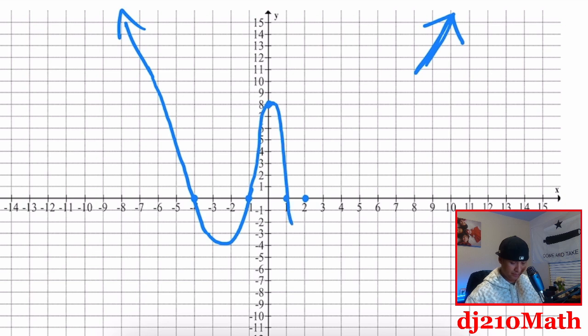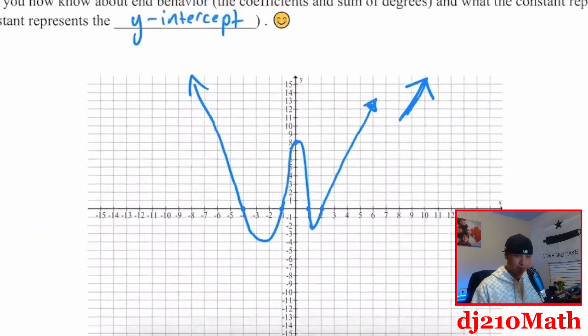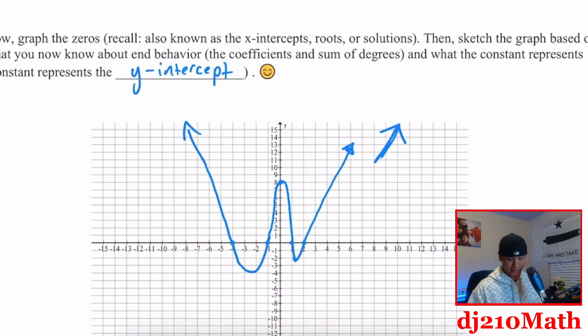Come down to 1, turn back around at 2. And then up. It makes more of a curve, not so much of a point. But there it is. This is the general idea.